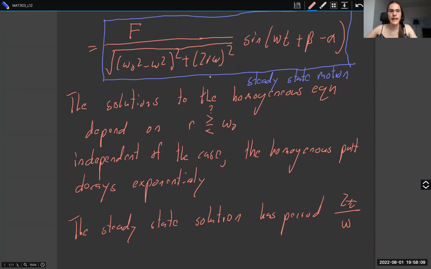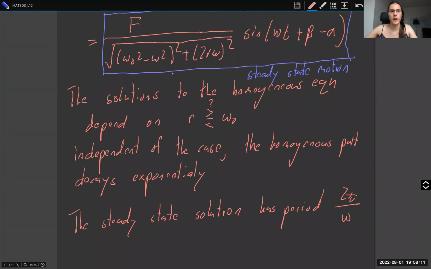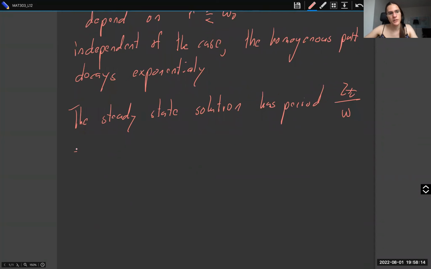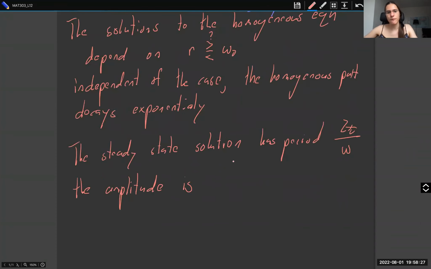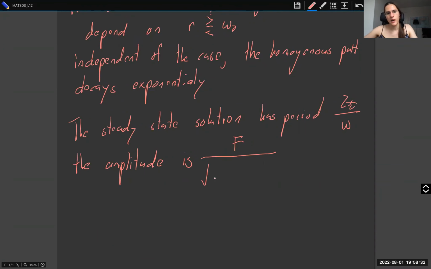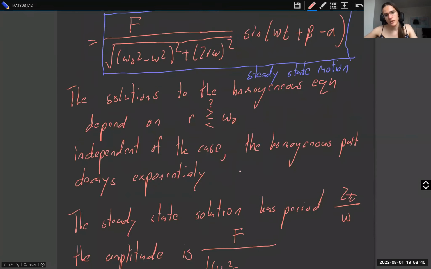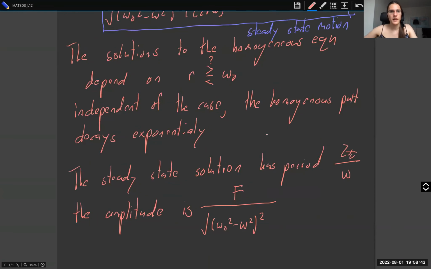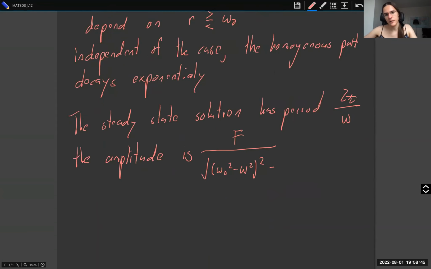And what we see then is we have this expression at the bottom: the amplitude of the steady state solution is going to be F divided by the square root of (omega naught squared minus omega squared) squared, and then plus 4r squared omega squared.